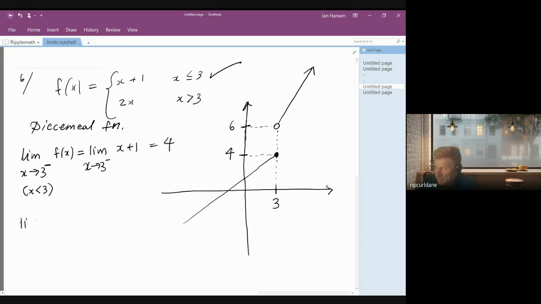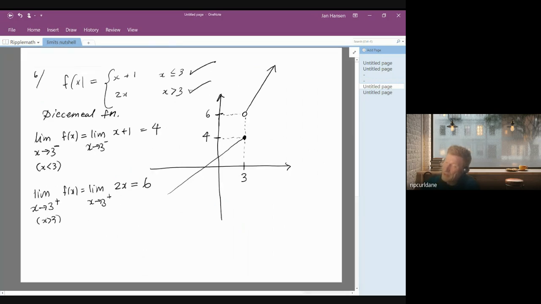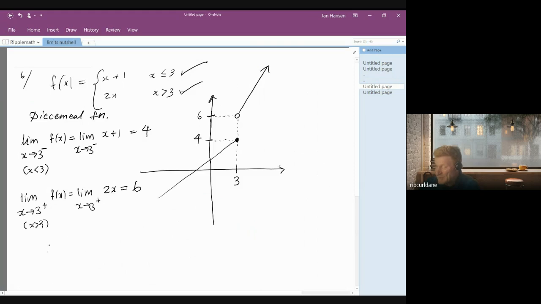The right limit as x approaches 3 from above, so that means x is bigger than 3, of f of x is equal to, this time the function is for x greater than 3, so it's 2x. So that's equal to 2 times 3, which is 6. The left and right limits are not equal.